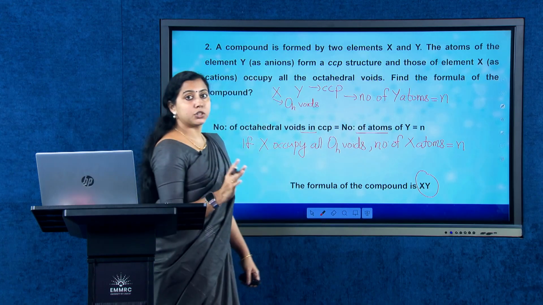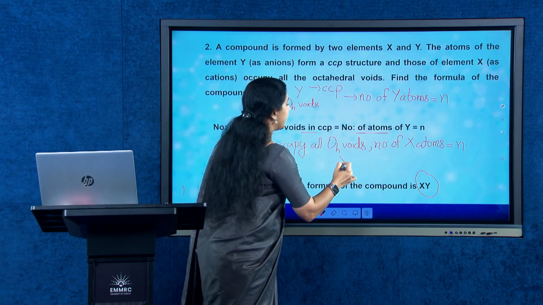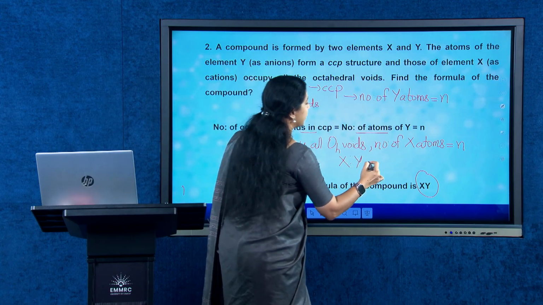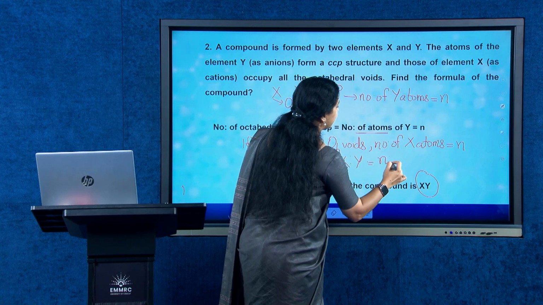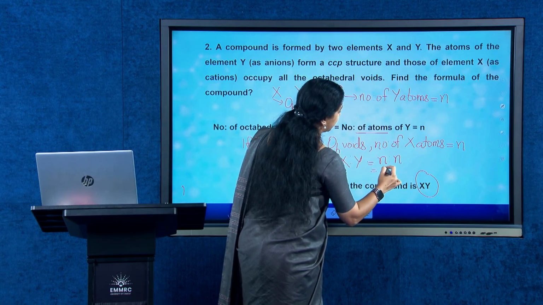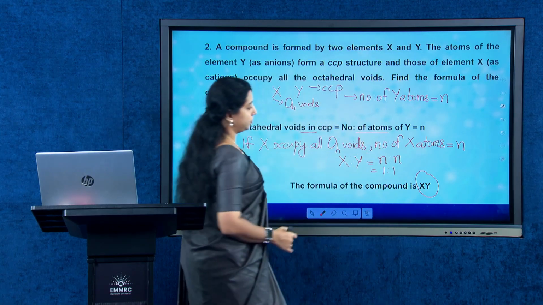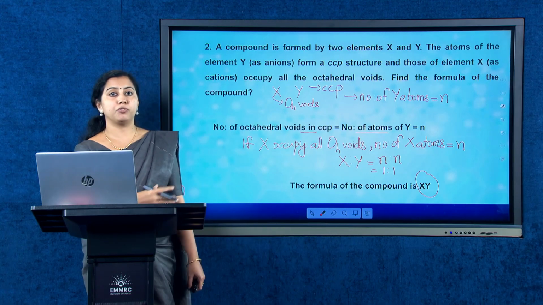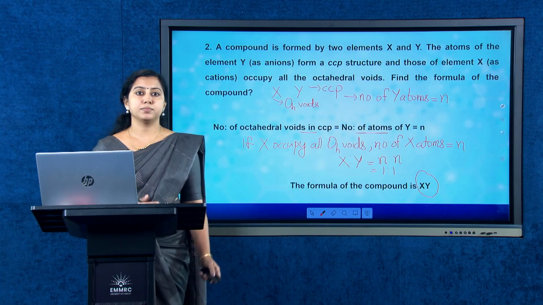So, what will be the ratio of the two atoms? X is to Y is equal to n is to n, that is equal to 1 is to 1. That corresponds to the formula XY.